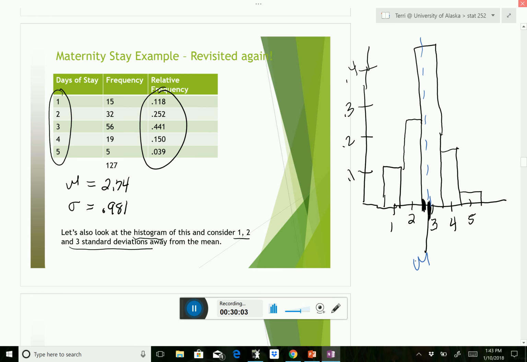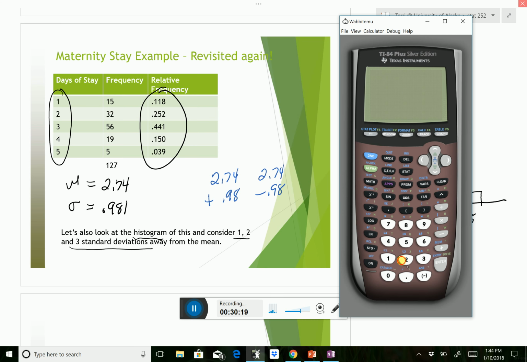So then 1 standard deviation away. So to get 1 standard deviation away, I'm going to go 2.74 plus 0.98 and 2.74 minus 0.98. So 2.74 plus 0.98, and then I'm going to change this to minus.